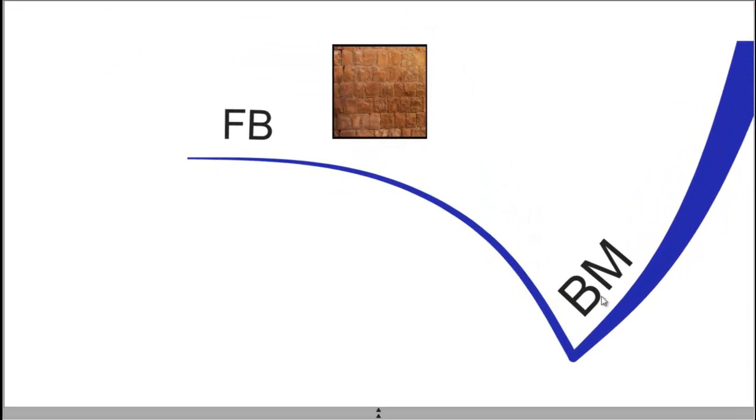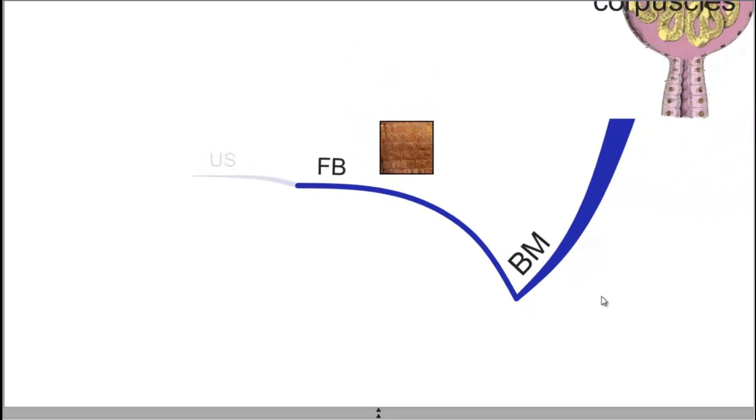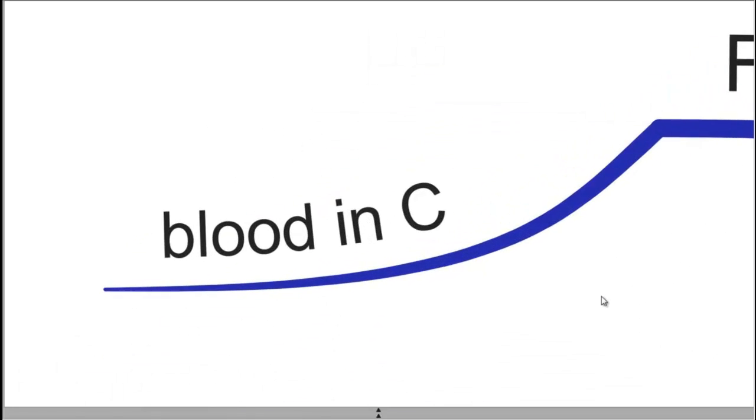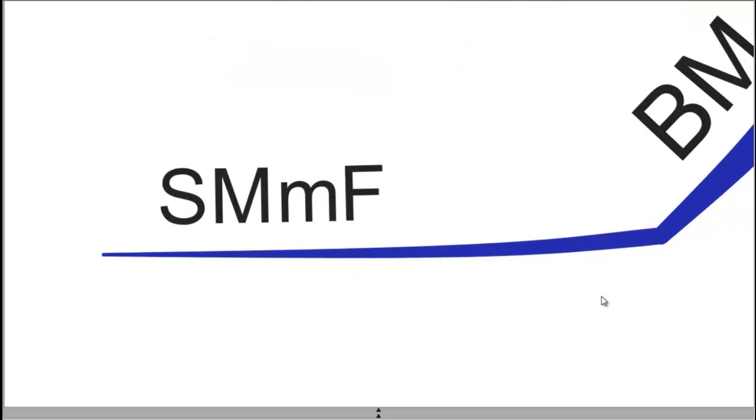The basement membrane is a filtration barrier between the urinary space and the blood in the capillary. The glomerular basement membrane is a selective macromolecular filter.